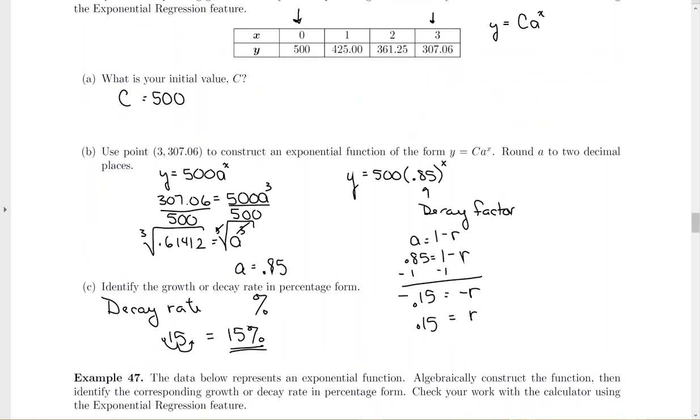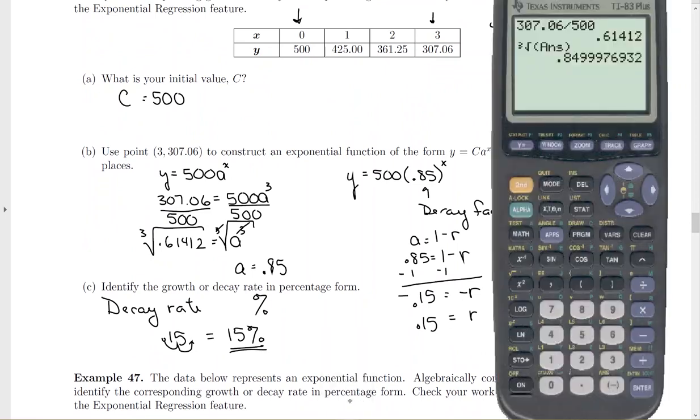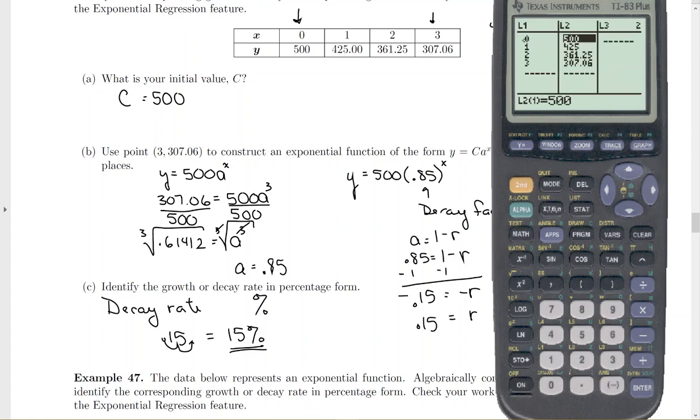All right. So using the calculator, let's try it with this one. You're going to go into your Stat menu, go into Edit, and then type in the values that are in this chart. So your x's go in L1, these numbers go into L2, your y values.